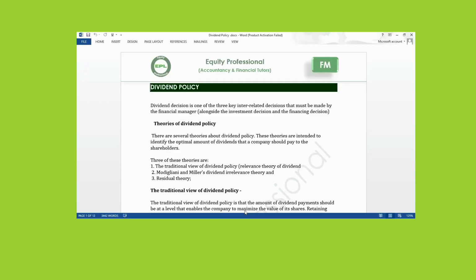We have discussed that, how to finance a business. You can finance your business with equity. You can finance your business with debt. You can finance a project with a combination of equity and debt.